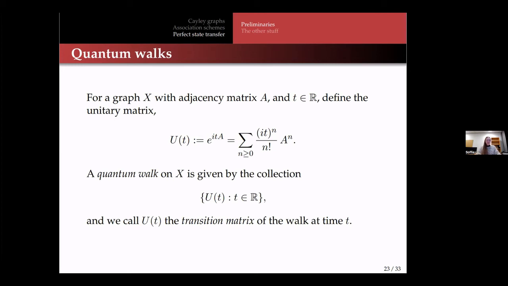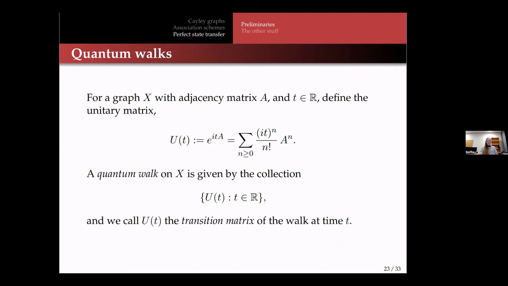If we take this collection of matrices U of T for all real numbers T, this gives us a quantum walk on the graph X. And U of T is going to be called the transition matrix of the walk at time T.